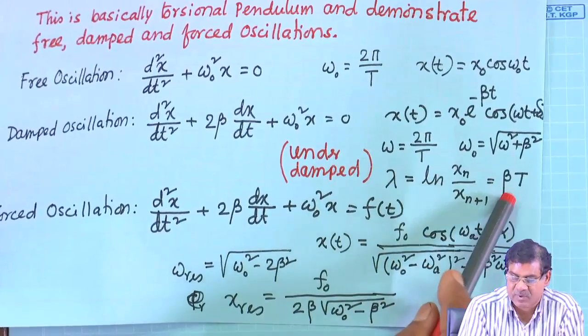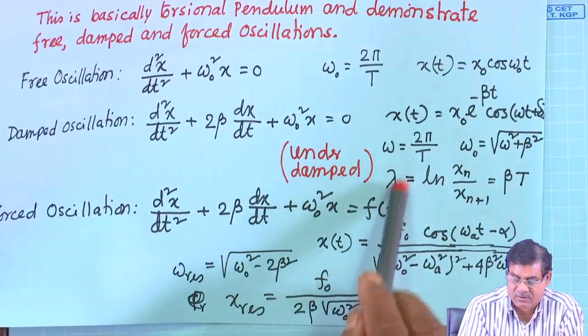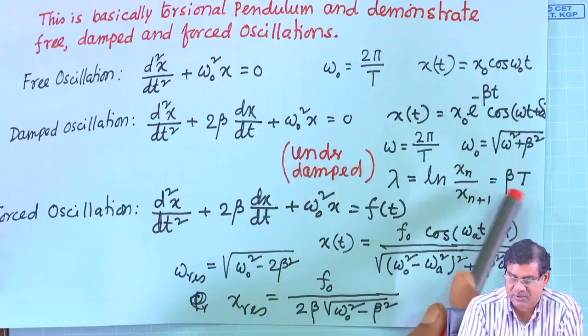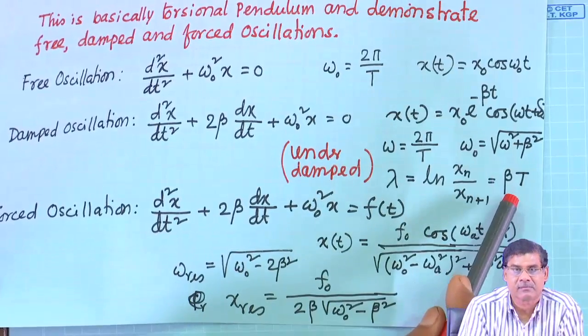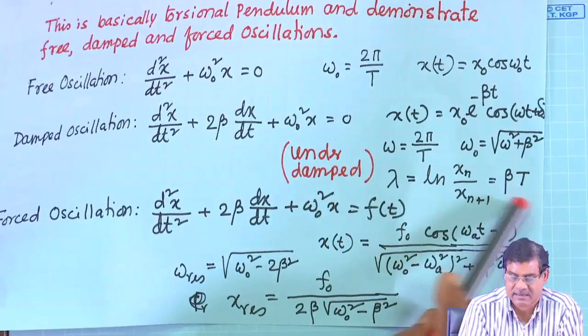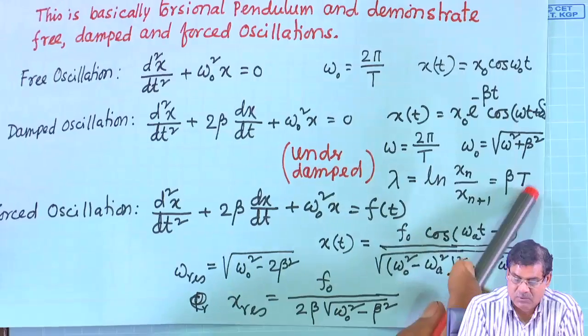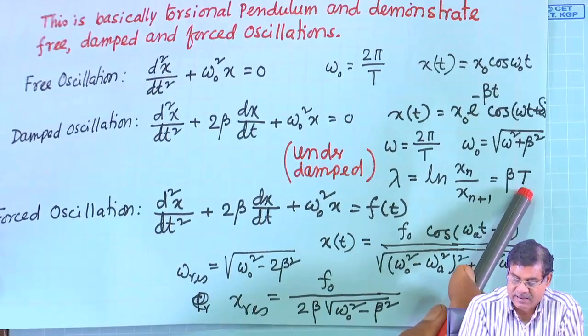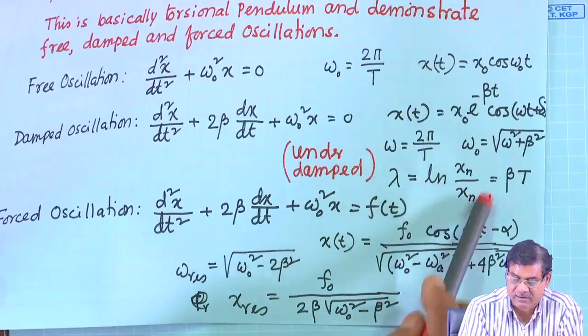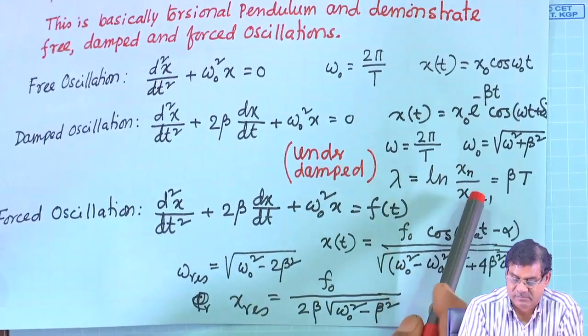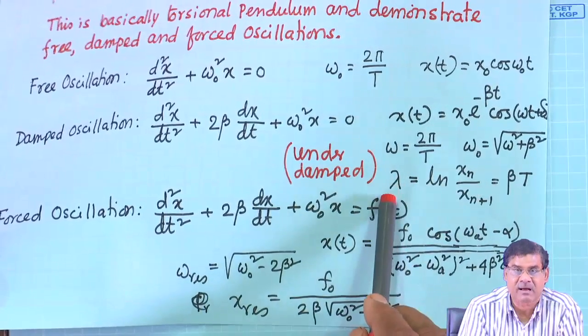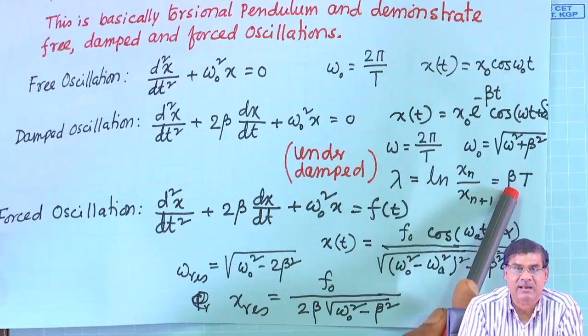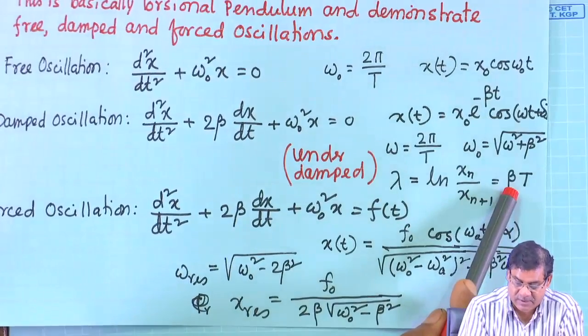This equals beta T. So, this logarithmic decrement is related to the damping constant beta and the time period T. One can find out the damped time period T, and then find out lambda. From there one can calculate beta, right.